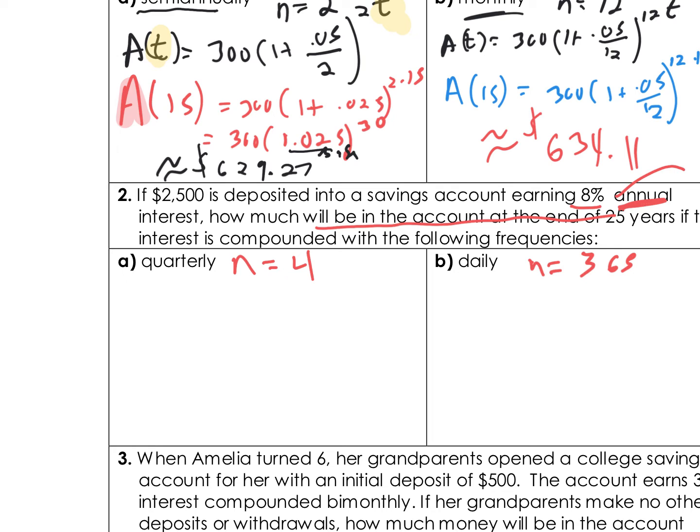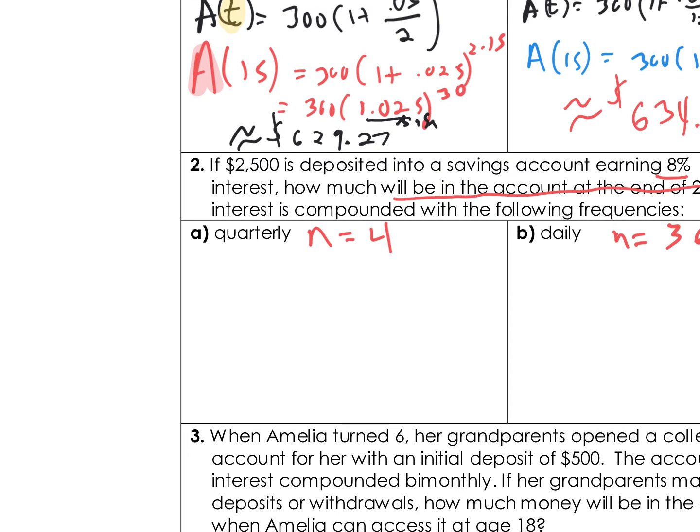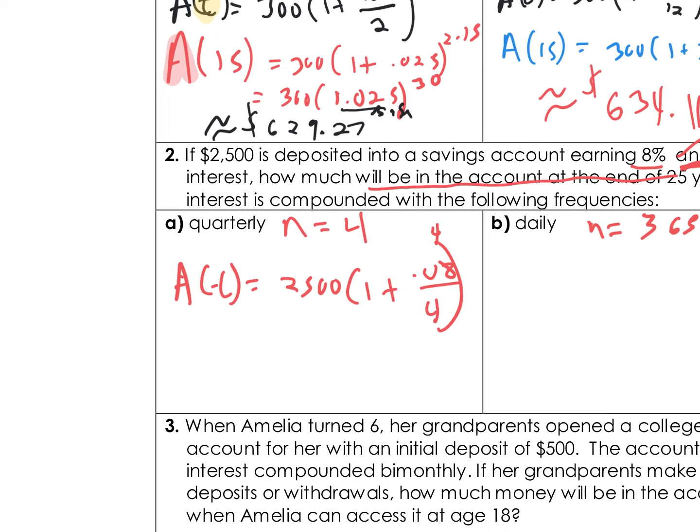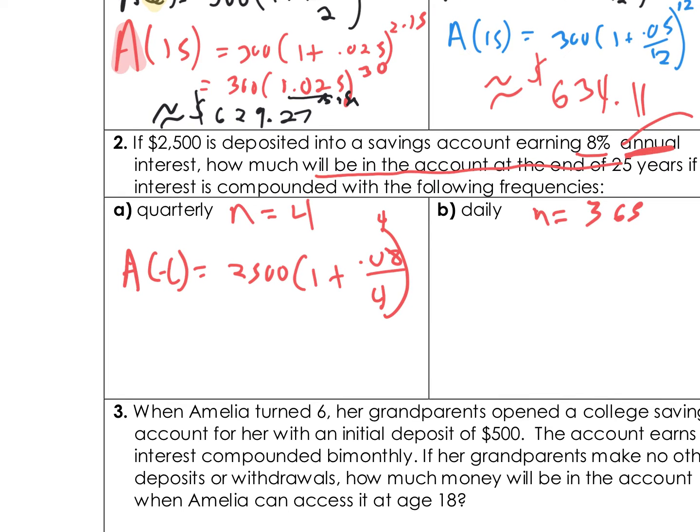Nice, right? So let's see what this gives me. A of t will be $2,500 times 1 plus my interest rate, which was 8%, so 0.08, divided by my n, which is 4, raised to the 4 times, how many years were we doing? 25. 4 times 25.